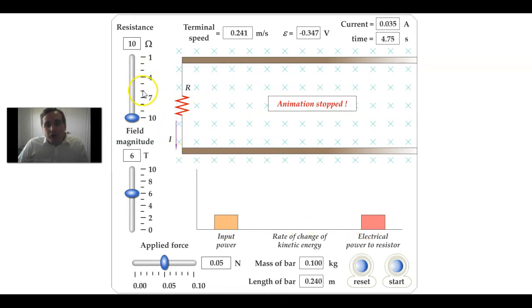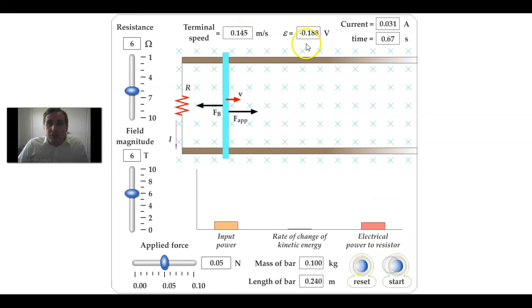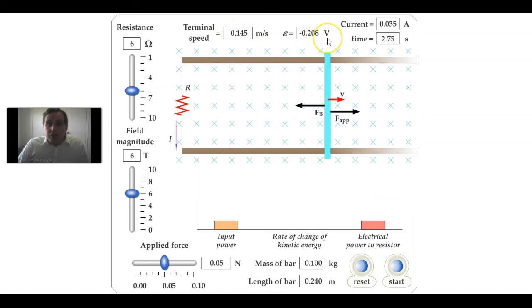Because we have a larger resistance, the current does not build up as quickly, so we have to input more power before we get to terminal speed. Notice the terminal speed is actually larger than it was before. Remember before, when the resistance was 6 ohms, the terminal speed was only 1.145 meters per second, and the induced voltage was not as much.